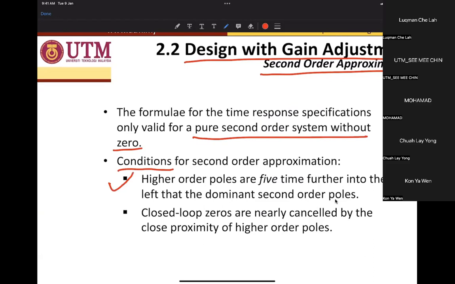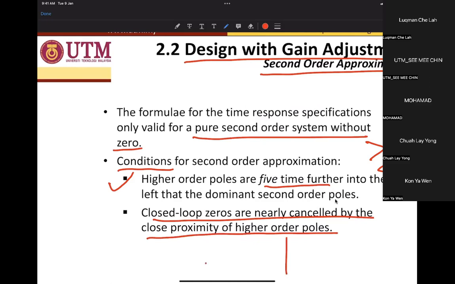Higher order poles are 5 times further into the left than the dominant second order poles, as I described just now, greater than 5 and less than 5. Closed loop zeros must be cancelled out by the close proximity of the higher order poles.